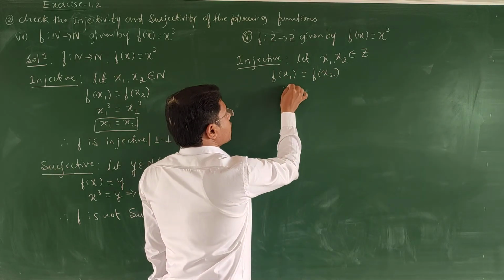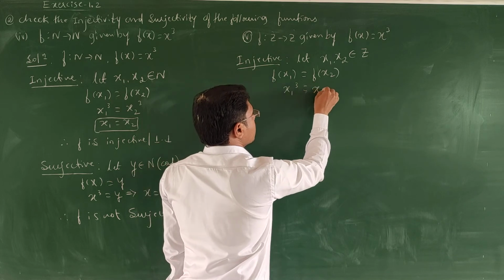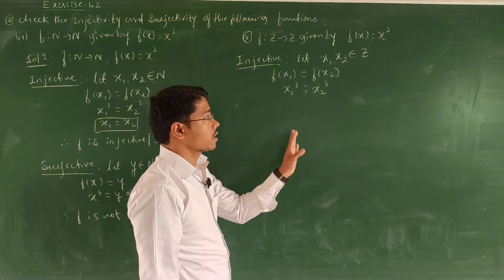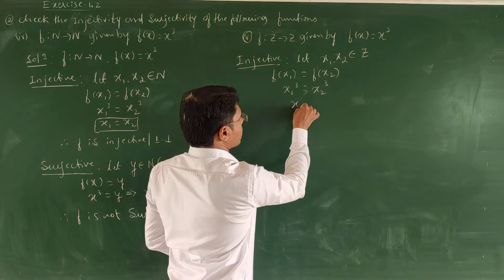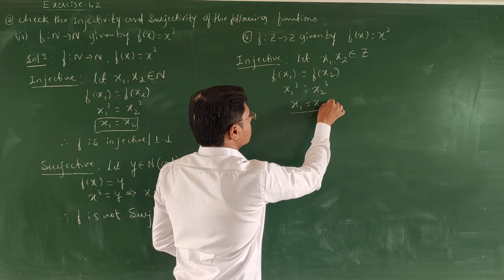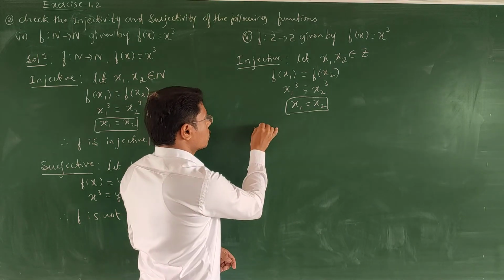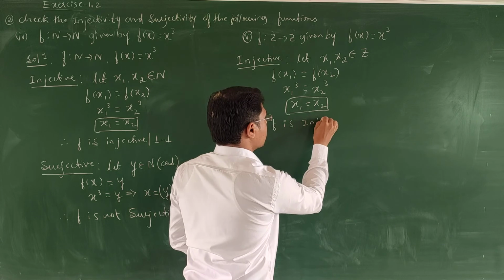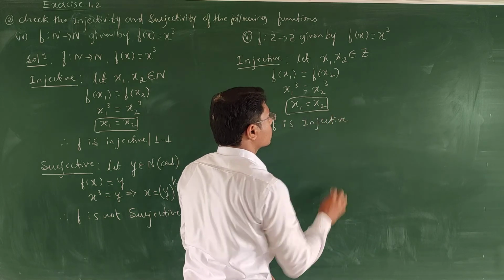So x1 cube equals x2 cube. Cancel the cube on both sides, we will get x1 equal to x2. Therefore f is injective, or one-one.